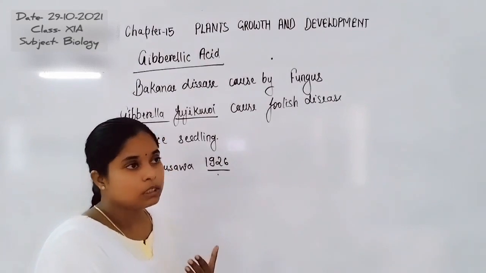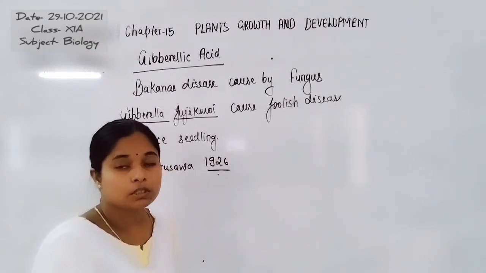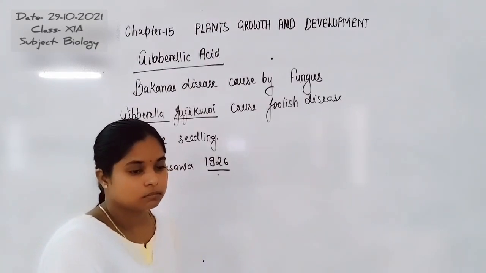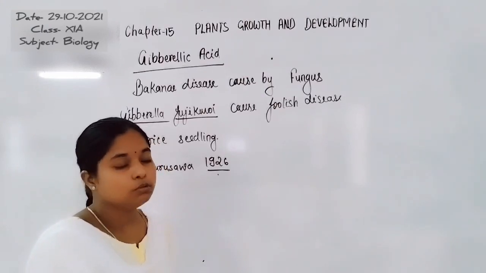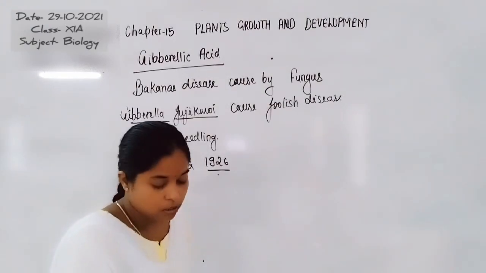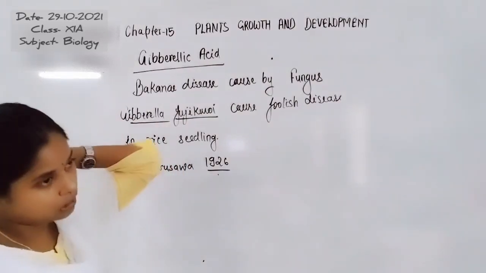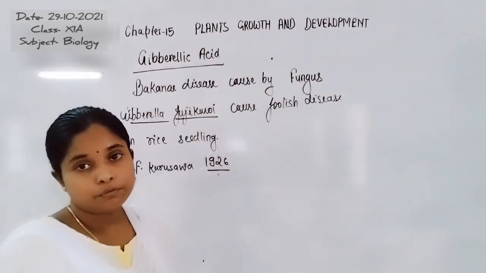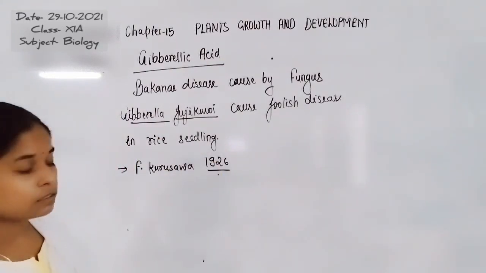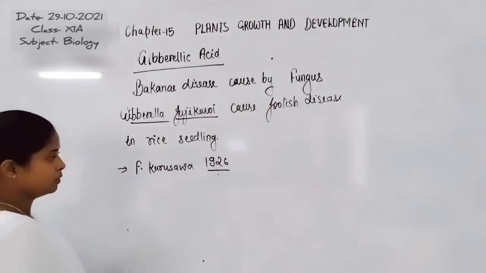Due to this excessive height, seeds do not form in such plants, so it induces parthenocarpy, that is, seedless fruit formation.